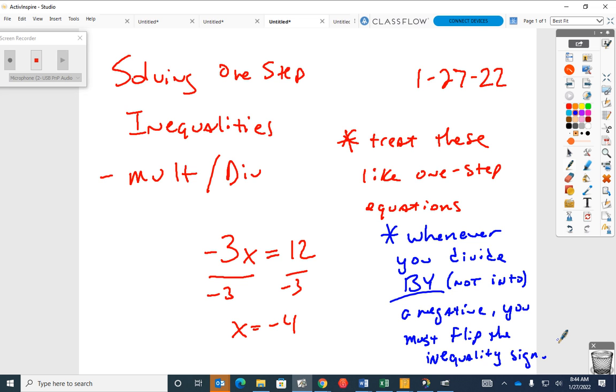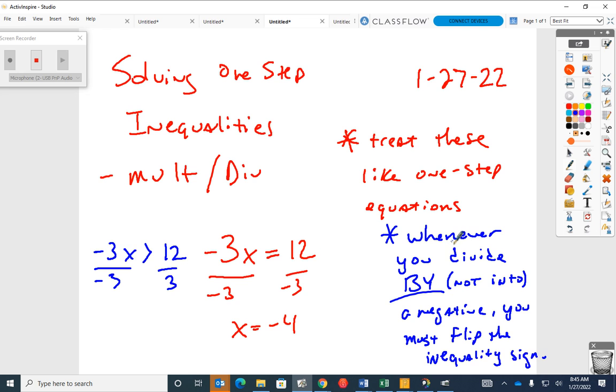You understand what I just said? So let's say I have an inequality with these exact same numbers: negative 3x is greater than 12. I'm going to treat this just like a one-step equation in that I'm going to divide by whatever is being multiplied by the variable. So if I divide everything by negative 3, keep this rule in mind.